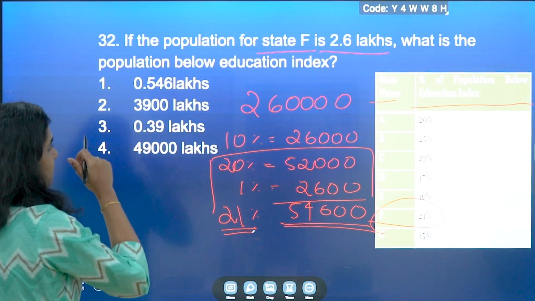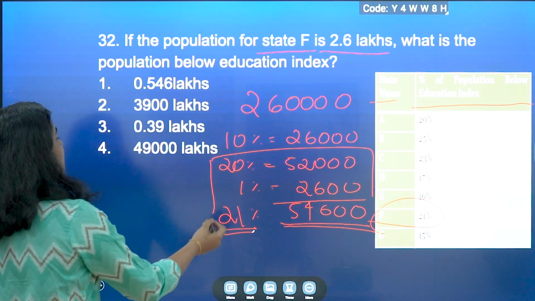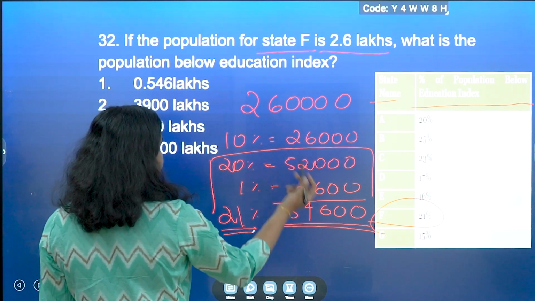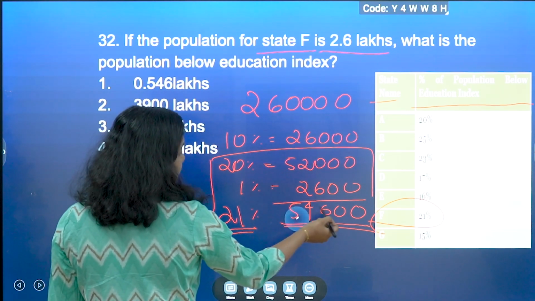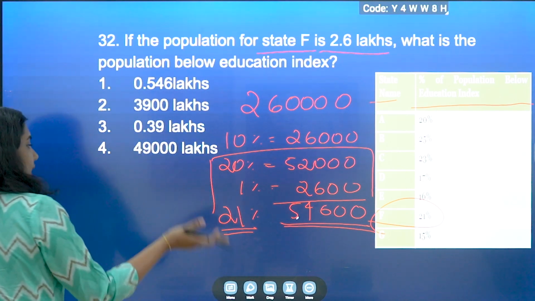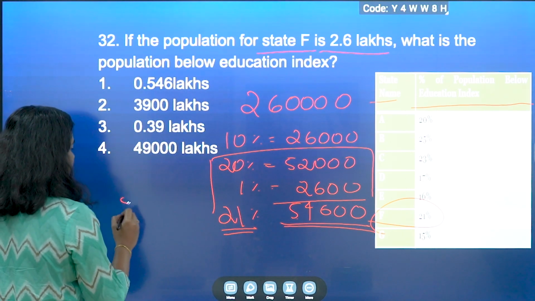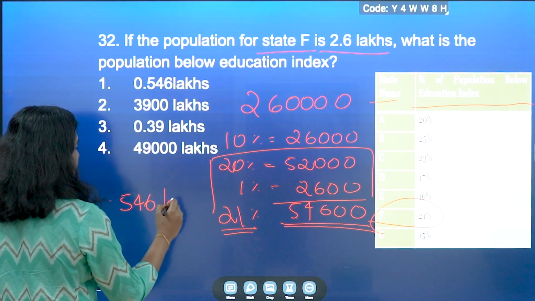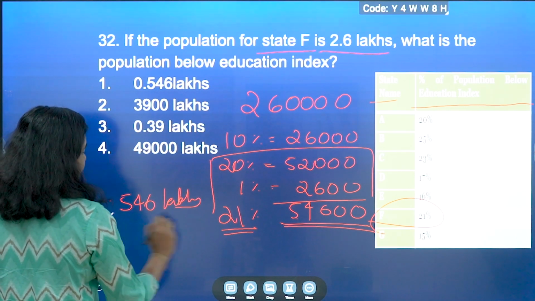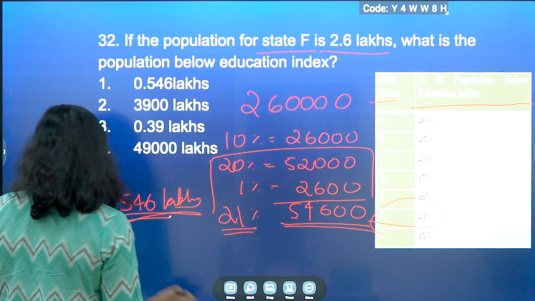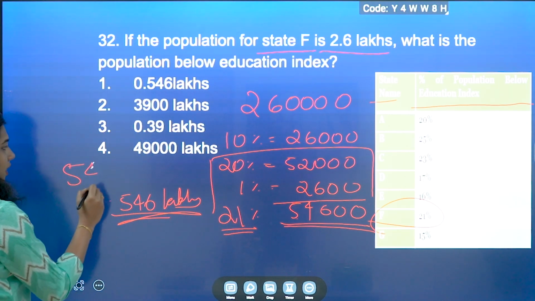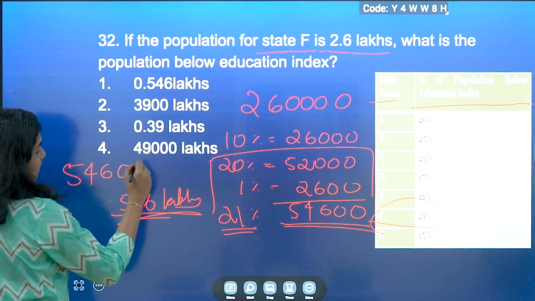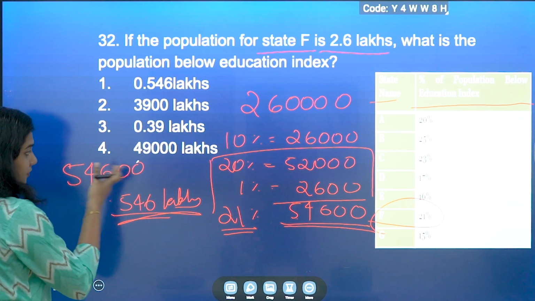So you have to find out the 21% of state F. That is what the question is. So the 21% of state F is 54,600. So when you write it in lakhs, you can write it as 0.546 lakhs, right? Means how will you write that? If you have a number and you have to write it in lakhs, that means here your number is 54,600.